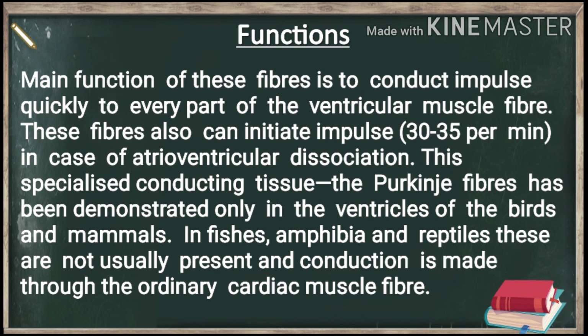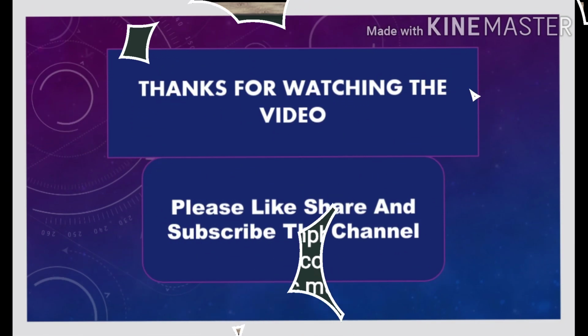This specialized conducting tissue, the Purkinje fiber, has been demonstrated only in the ventricles of birds and mammals. In fish, amphibia and reptiles, those are not usually present, and conduction is made through the ordinary cardiac muscle fibers.